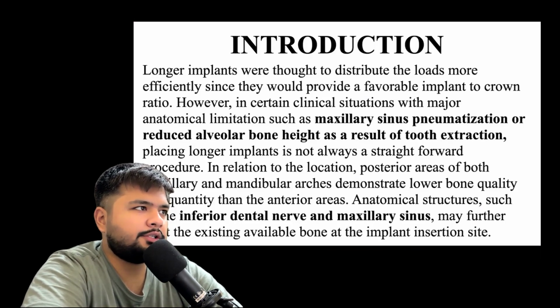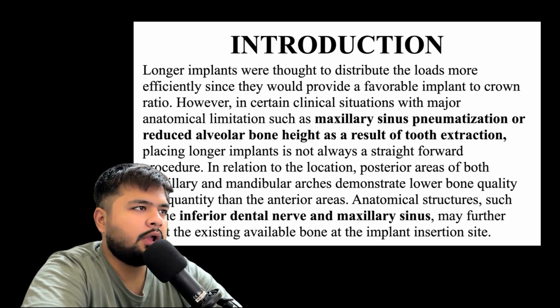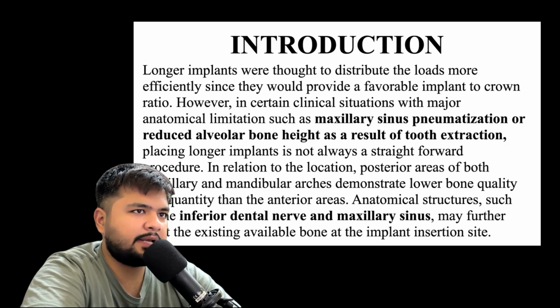So, coming to the introduction, the longer implants were thought to distribute the loads more efficiently since they would provide a favorable implant to crown ratio. However, in certain clinical situations with major anatomical limitation, such as maxillary sinus pneumatization or reduced alveolar bone height as a result of tooth extraction, placing longer implants is not always a straightforward procedure.